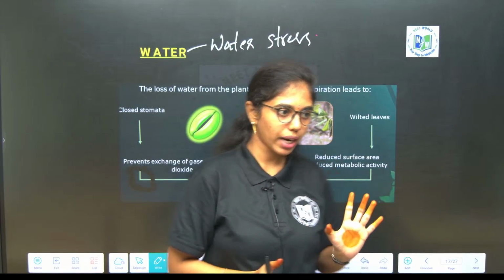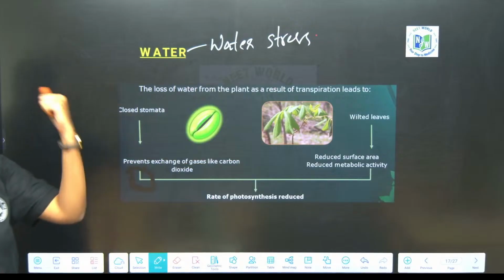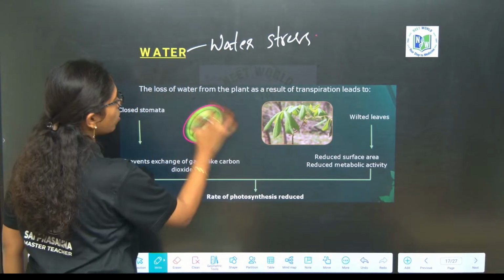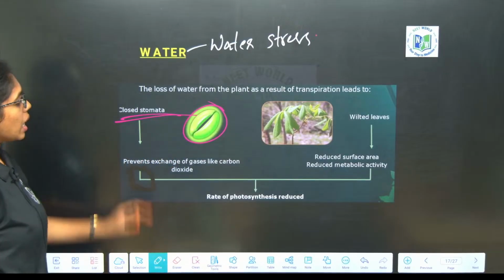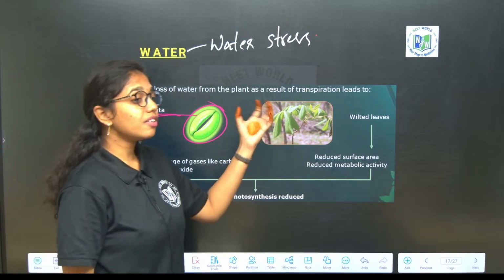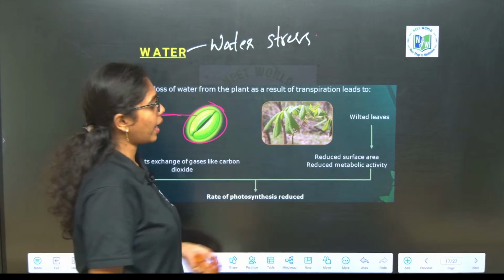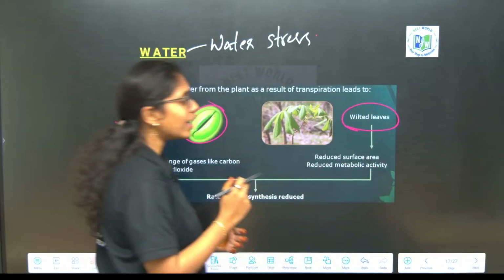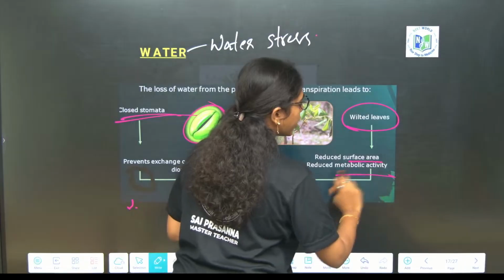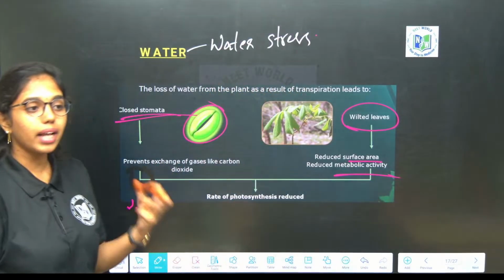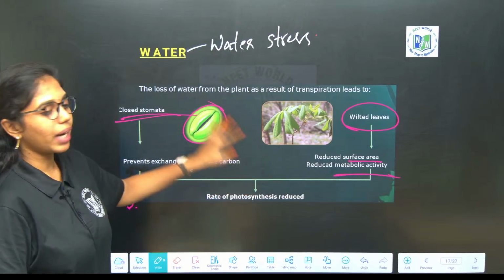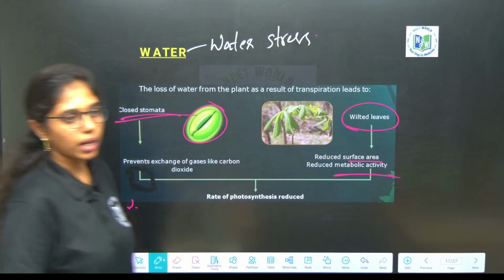Whenever there is water stress, be it in turgid or flaccid condition, the immediate thing it will do is stomatal closure. This will prevent the exchange of carbon dioxide, and in flaccid, drought condition, this results in wilted leaves, which reduces the surface area and reduces metabolic activity. Water requirement in a cell will be reduced. This is the response of a plant to water stress. Understood?